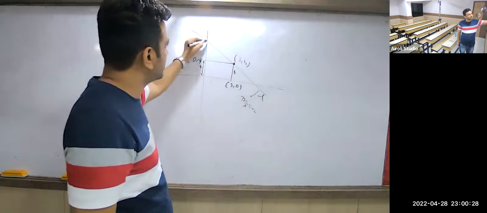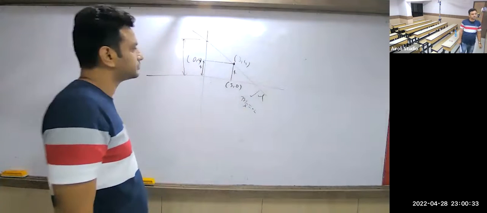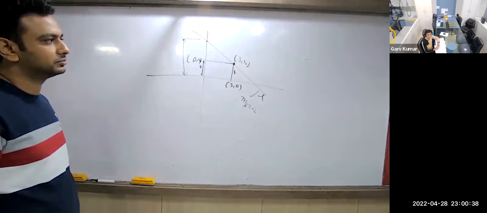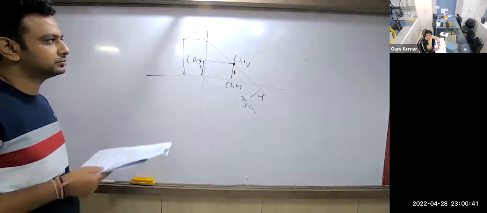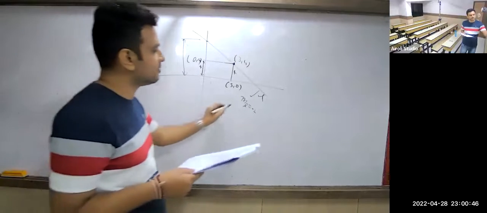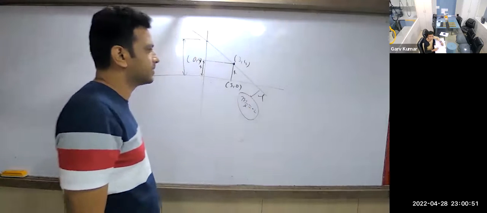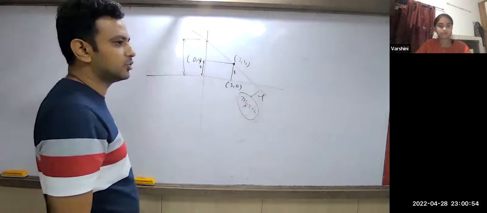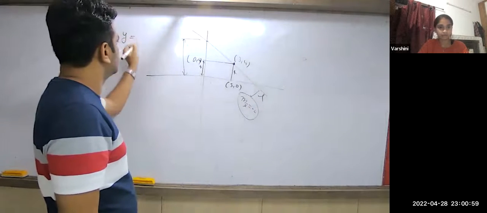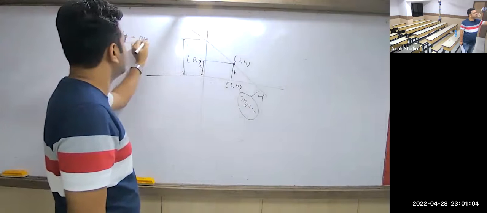The y-intercept of L means I want this length, the y-intercept. The slope is also given, -2. कैसे find? We know the equation of a line, we know the point and we know the slope, so we can solve it. हाँ, point से कर सकते हैं, नहीं तो directly can I write y equals mx plus c?